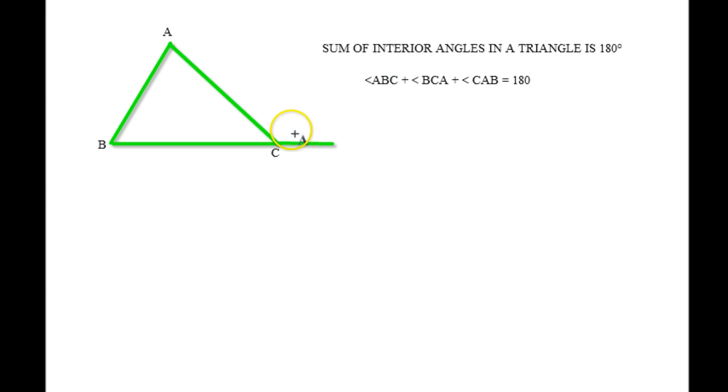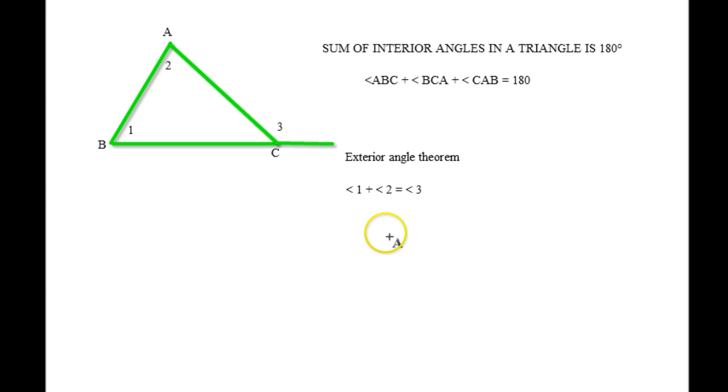Okay, but also here's another interesting thing. This angle here plus this angle here will equal this angle out here, and that's called the exterior angle theorem. So in other words, angle 1 plus angle 2, and I'm using this triangle as reference, is equal to angle 3.